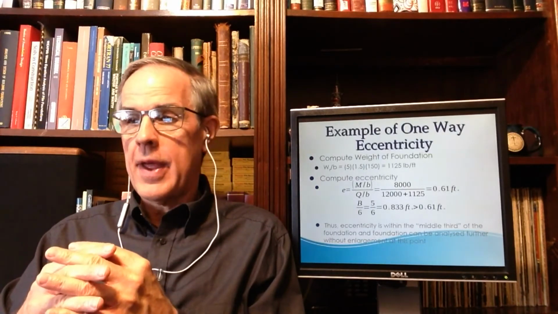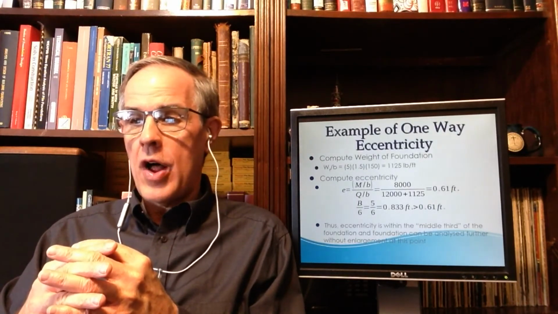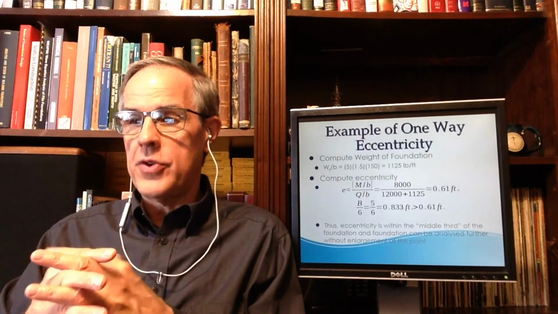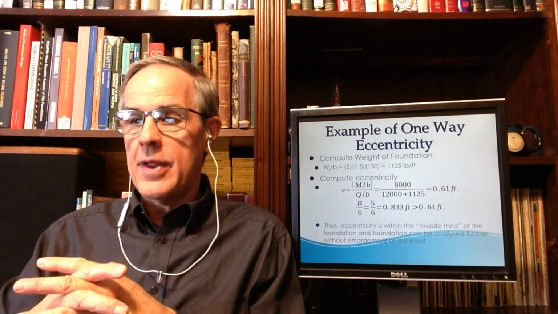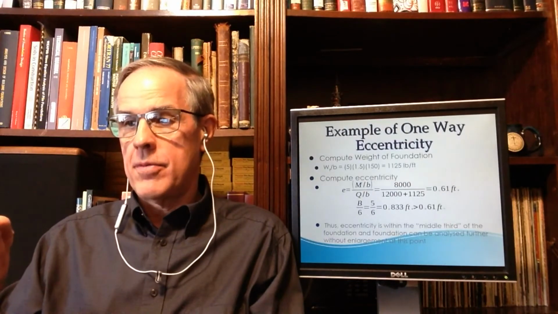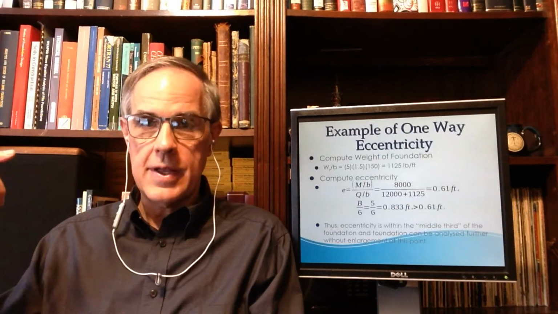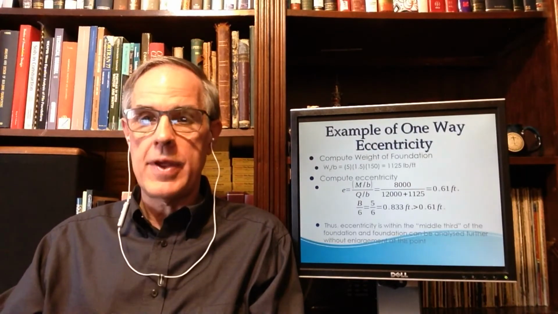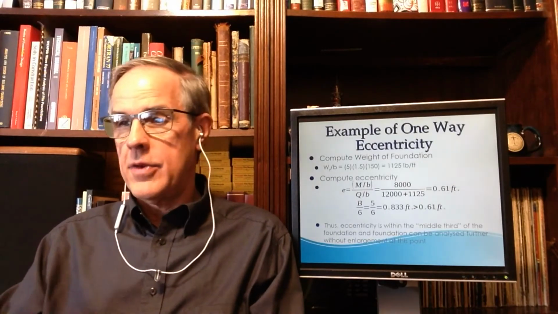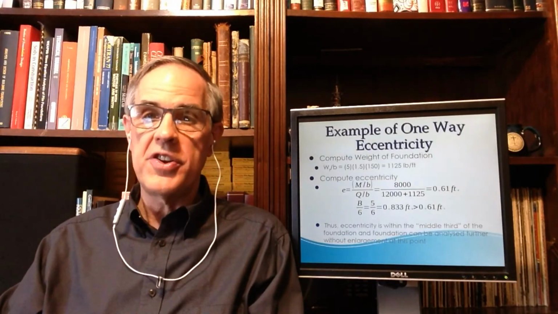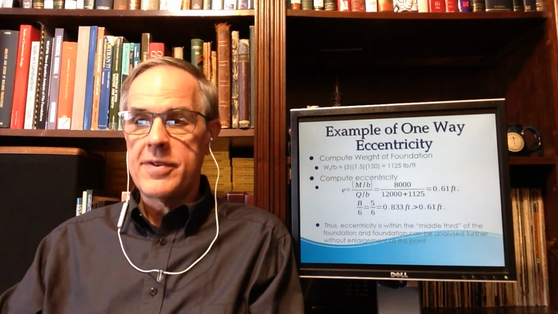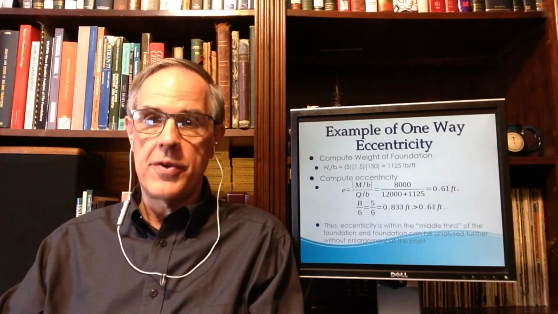And we multiply that. Basically that's how we compute E. We essentially take the moment that we have and divide it by the total load, and we get the fact that the resultant load is 0.61 feet away from the centroid of the foundation.